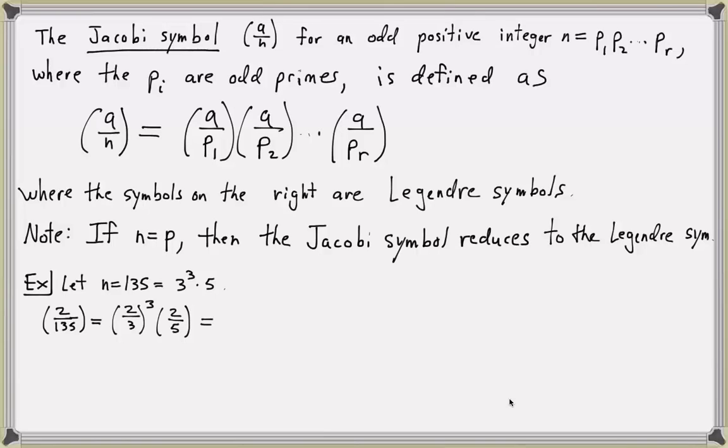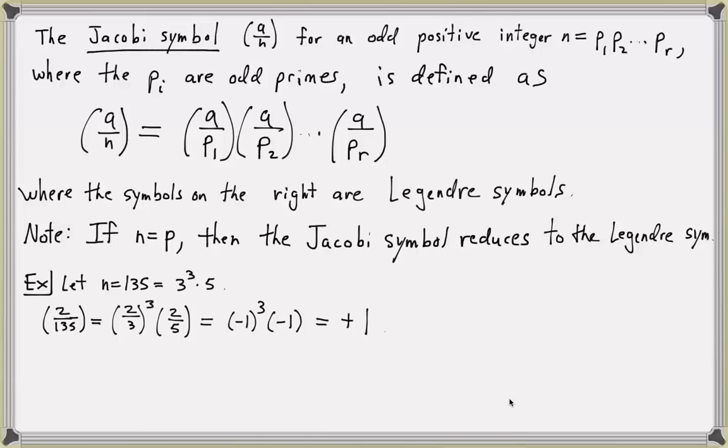And now we know how to evaluate these Legendre symbols. 2 is a quadratic non-residue mod 3, so we get -1 to the power 3. And 2 is also a quadratic non-residue mod 5, so this is times -1. We have a total of 4 factors of -1, so this will equal +1. So notice that the Jacobi symbol 2 over 135 equals 1.